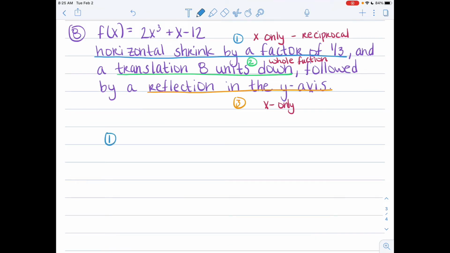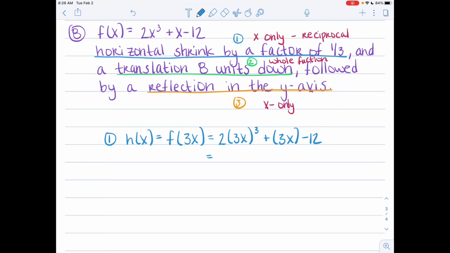Okay, transformation number 1, and we will call this h of x, and it is a horizontal shrink by a factor of 1/3. So that means that we want to replace everywhere that we see x with a 3x. Remember that it's the reciprocal. So I'm going to say 2 times 3x cubed plus 3x minus 12.